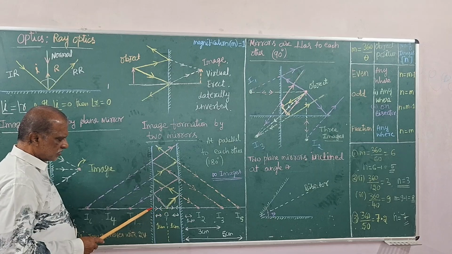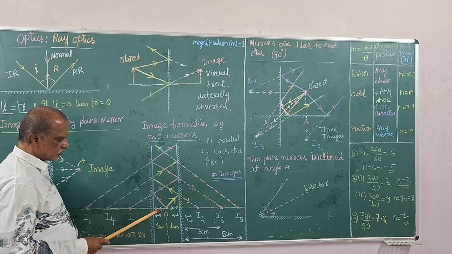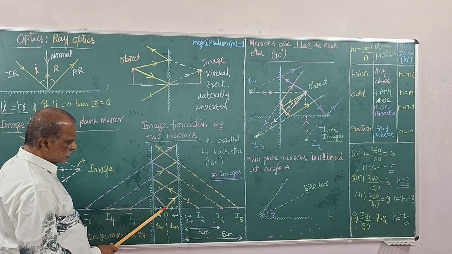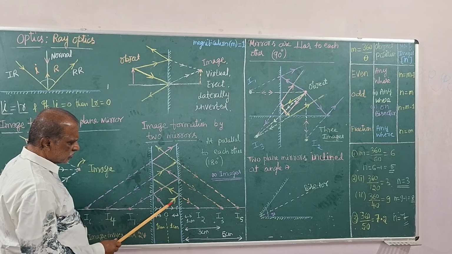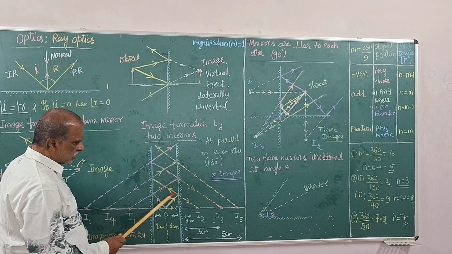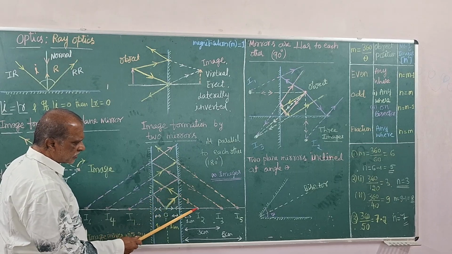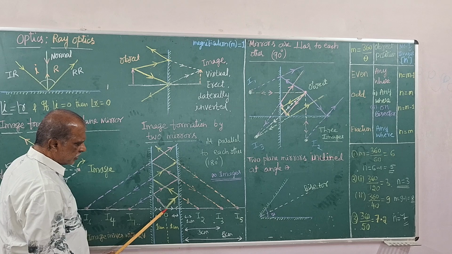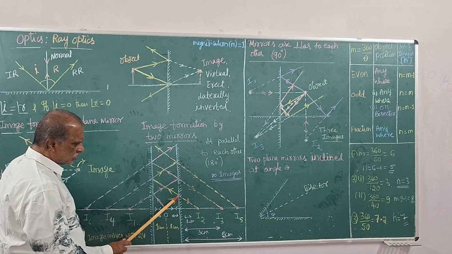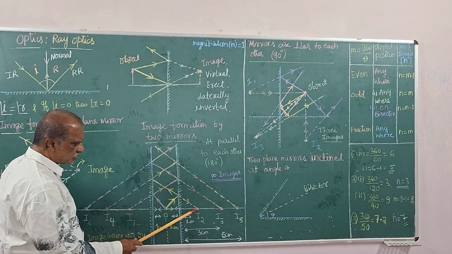Again, on this side, the incident ray and reflected ray on the normal. When you look at this reflected ray and extend it in the backward direction, this object on this mirror produces this image.